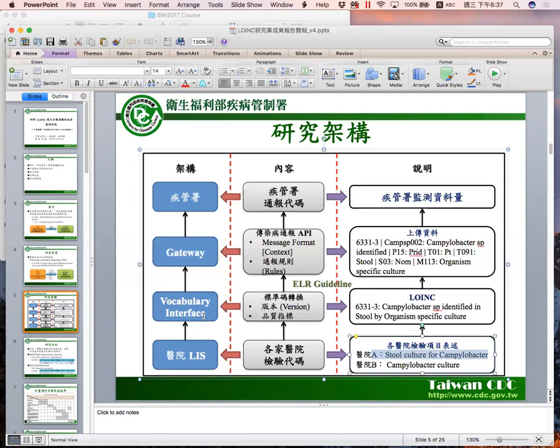So first we need to admit that, due to the LOINC code design, sometimes two LOINC codes are both eligible for mapping. In that case, it's easy. We just need to set up some committee to harmonize this.